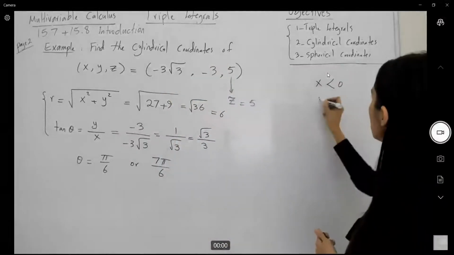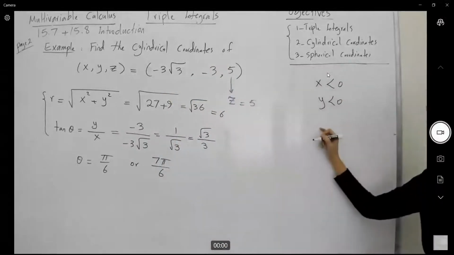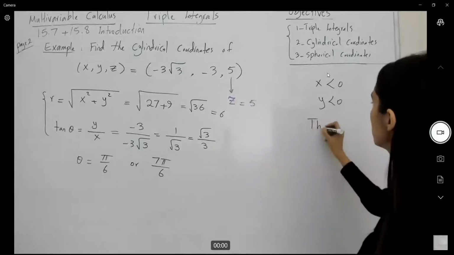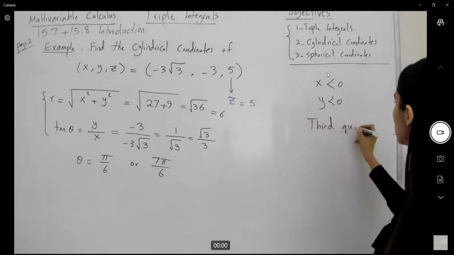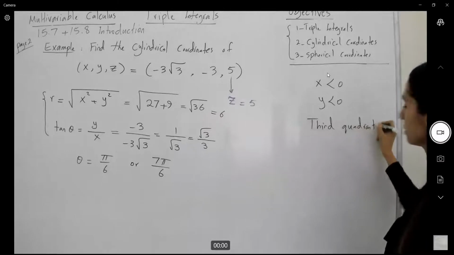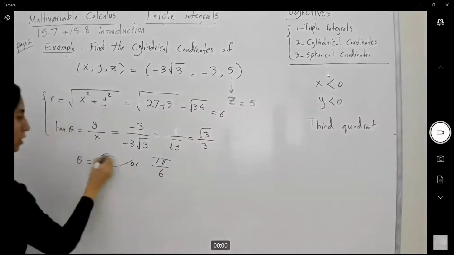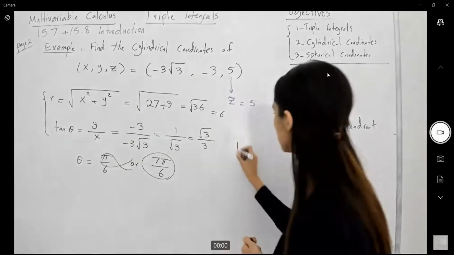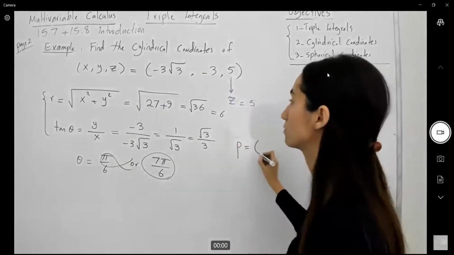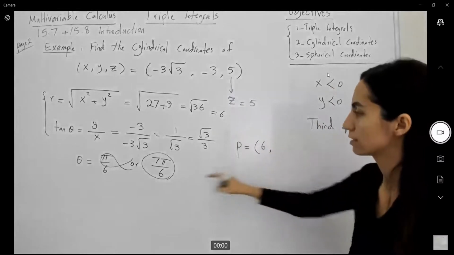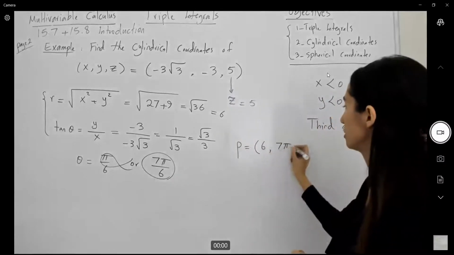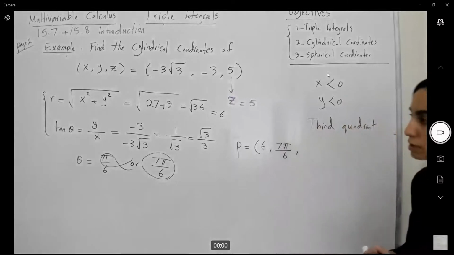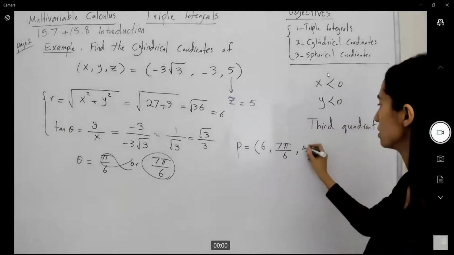X is negative and y is negative. It means that you're located in the third quadrant. In the third quadrant, theta is 7 pi over 6. So your point has first coordinate, which is r, 6. Second coordinate, 7 pi over 6. And the last coordinate is z, which is 5.